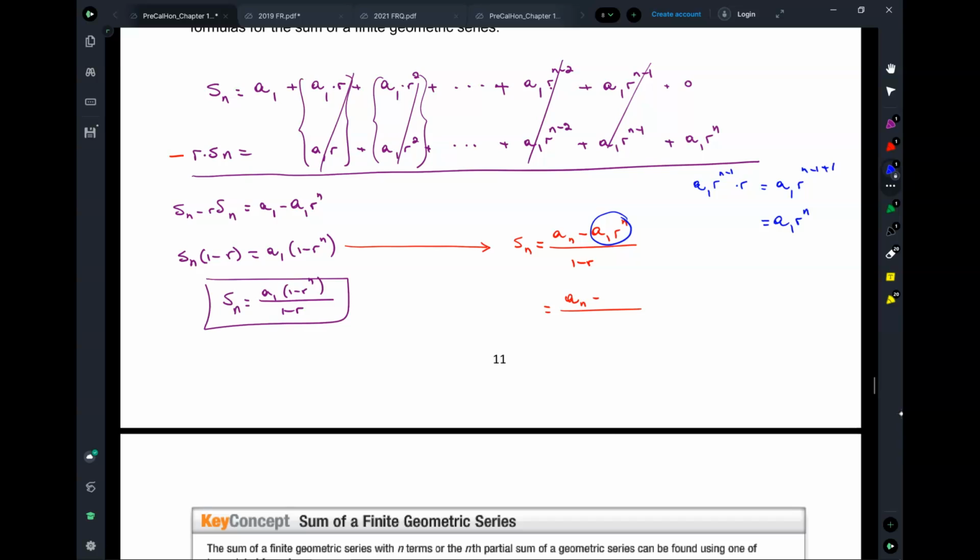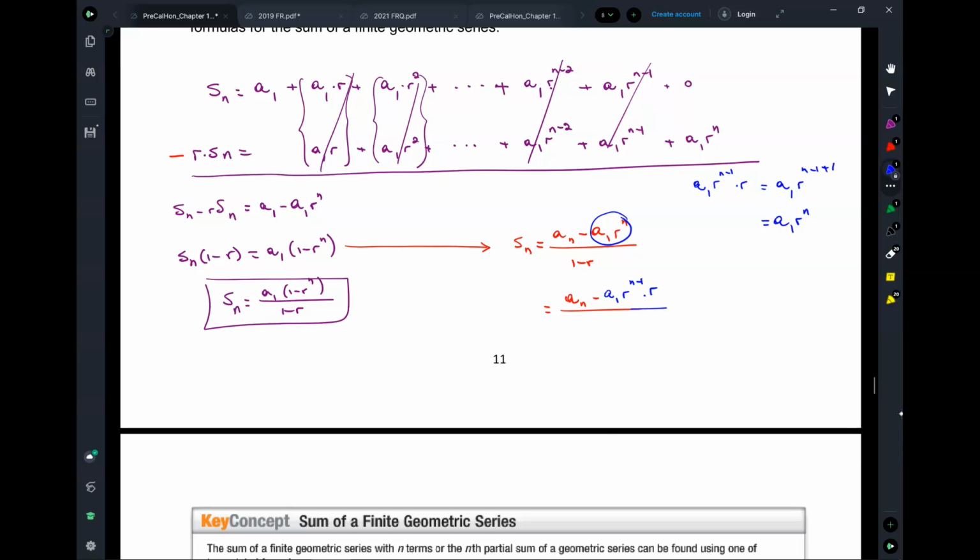So A1 R to the n is really A1 R to the n minus 1 times R. Okay? So A1 R to the n is this times that.